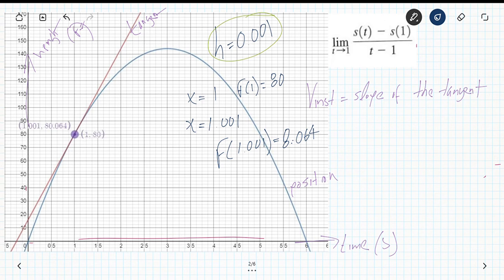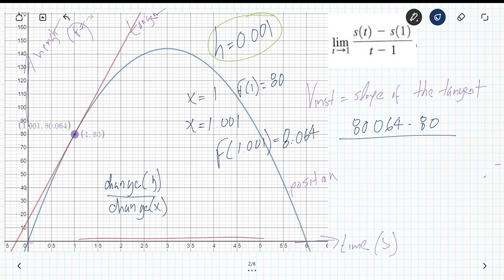So let me see the change. We said it was the change in y over the change in x. Okay, so it is going to be 80.064 minus 80, okay, y2 minus y1, over 1.001, which is x2, minus 1.